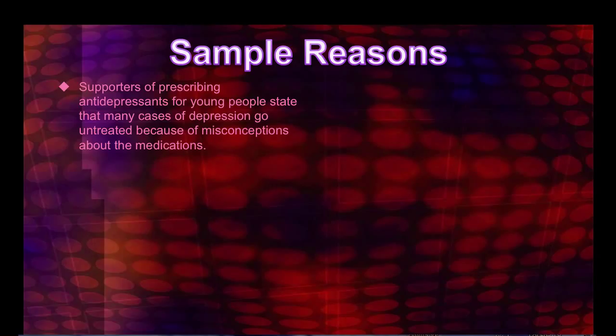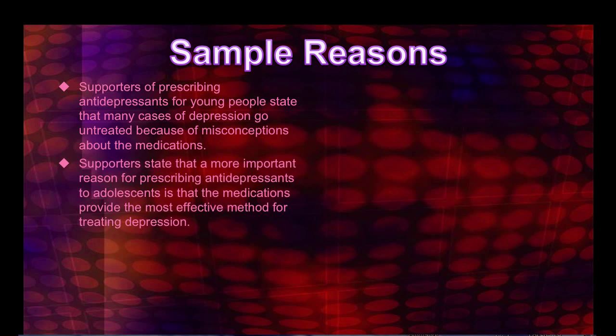So, after the entire section that discusses how misconceptions about antidepressants contribute to the number of untreated cases of depression, we could easily run across in the paper a sentence that says, supporters state that a more important reason for prescribing antidepressants to adolescents is that the medications provide the most effective method for treating depression.